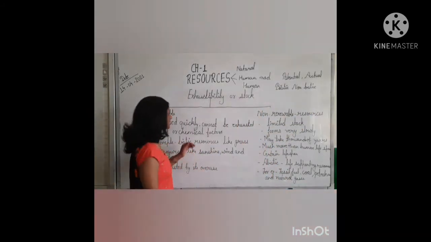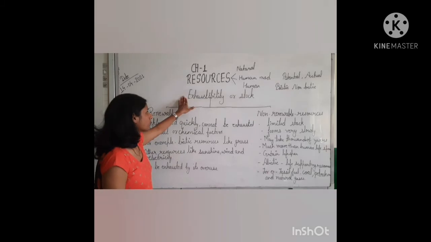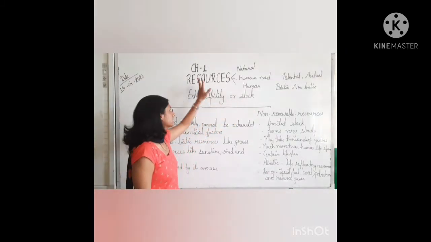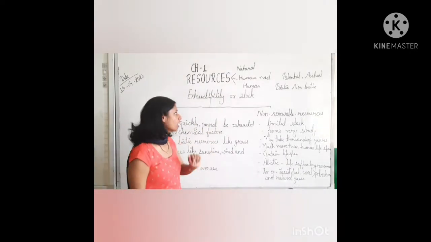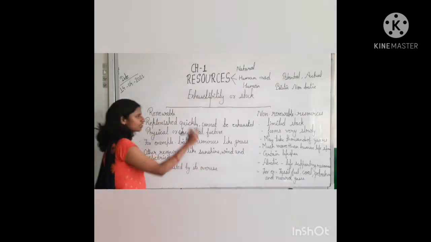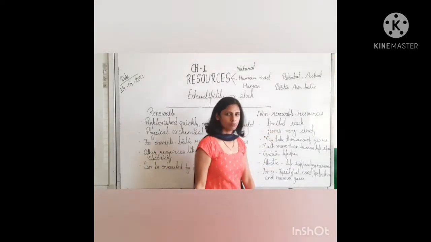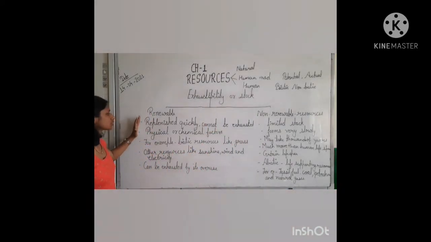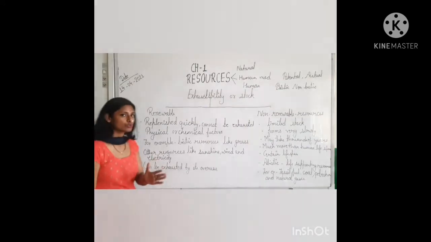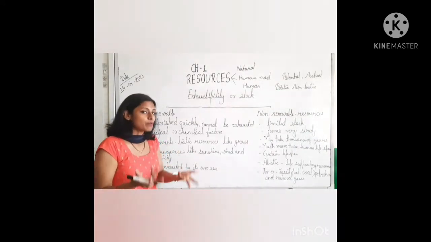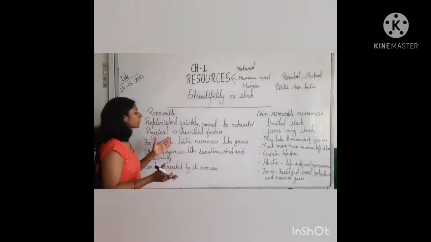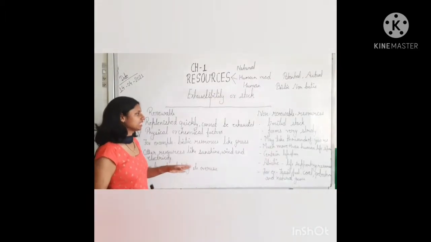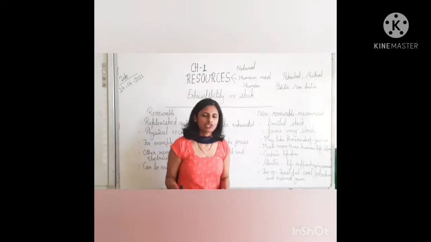So let's understand, on the basis of their exhaustibility or stock, we can classify the resources into two parts, that is renewable or non-renewable resources. The renewable resources are the resources that can be replenished or renewed quickly, and cannot be exhausted.